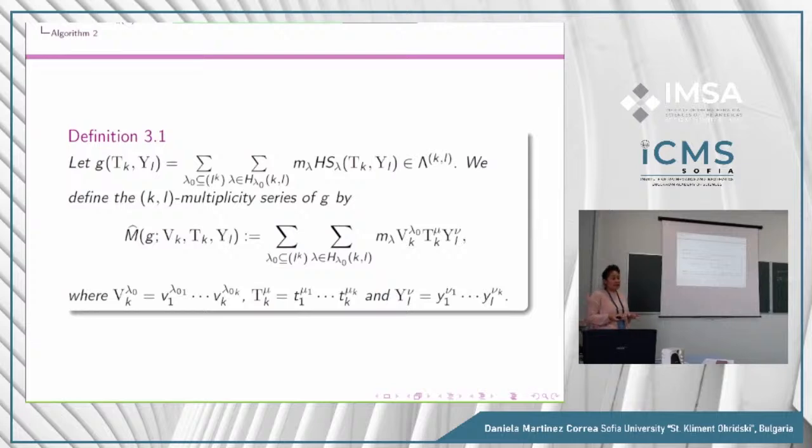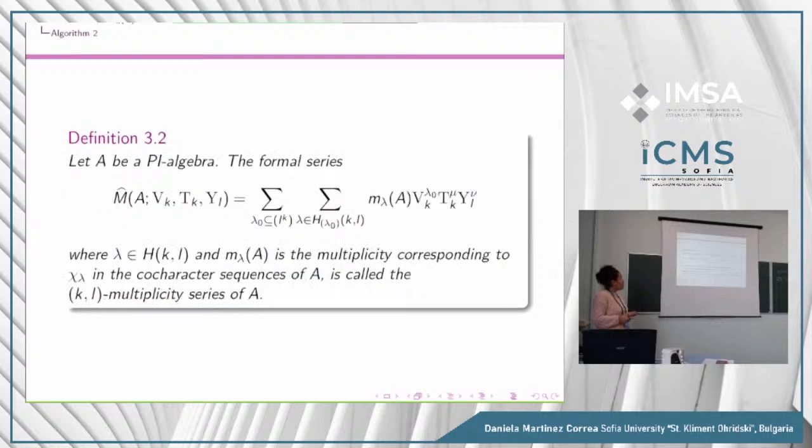So we can define in a natural way the KL multiplicity series of a PI algebra like that. Again, note that these numbers are the multiplicities in the cocharacter sequence of this algebra. So we need to find the KL multiplicity series of UTN of E.